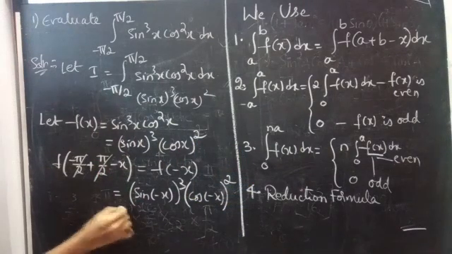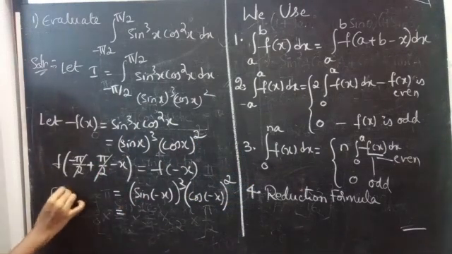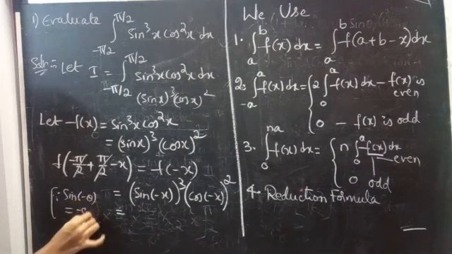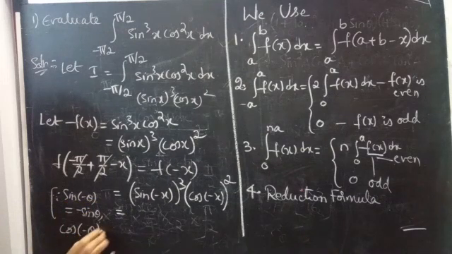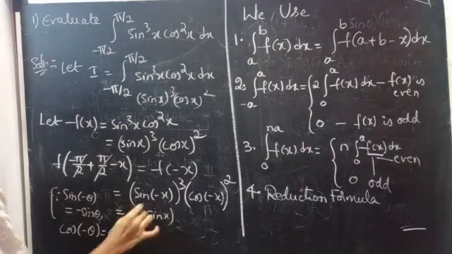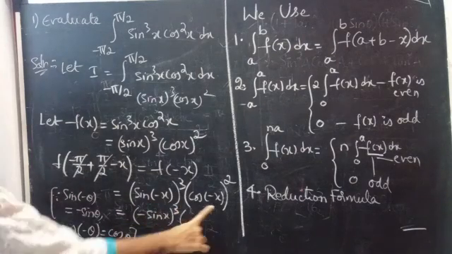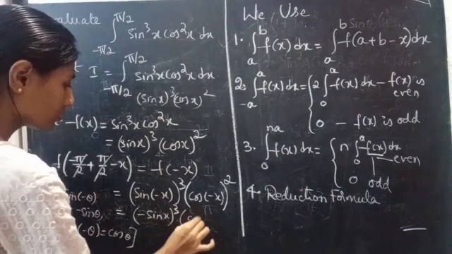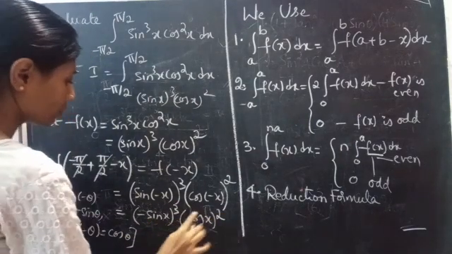Since sin of minus theta equals minus sin theta and cos of minus theta equals cos theta, this equals sin of minus x is minus sin x whole cube into cos of minus x is cos x whole square.